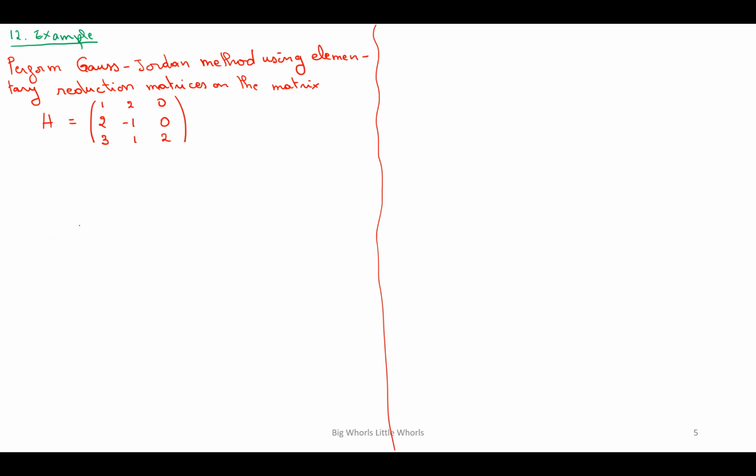So I'm going to change colors a lot, okay, to be able to show what we are doing. So basically, I'm going to work from the left, so multiply from the left. I have our main matrix 1, 2, 0; 2, minus 1, 0; 3, 1, 2.